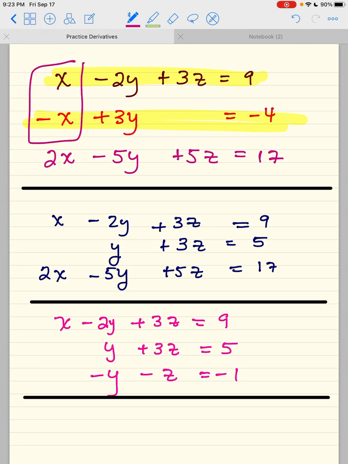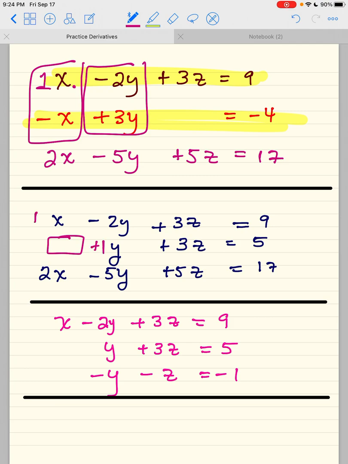But when you add the first equation to the second equation, you want to figure out, do you want it to equal the first equation or do you want it to equal the second equation? My first equation already has a 1, so why would I want to mess with that? I don't. So this gives me 0, therefore there's nothing here. This gives me positive 1y.